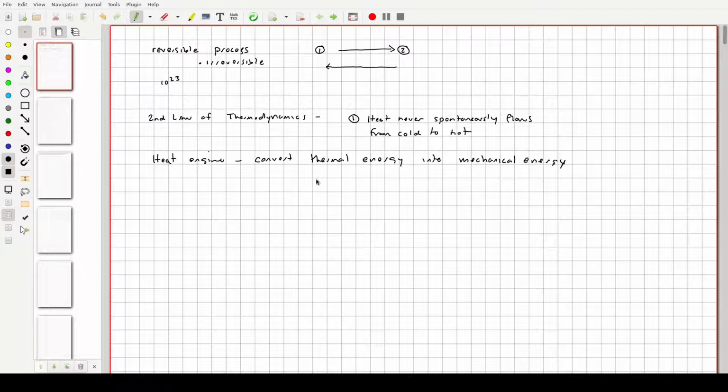Now, these are incredibly useful. In fact, the vast majority of the methods that we have to generate electricity come from some sort of heat engine. So, the simplest first step, we'll say, to a heat engine might look something like this.